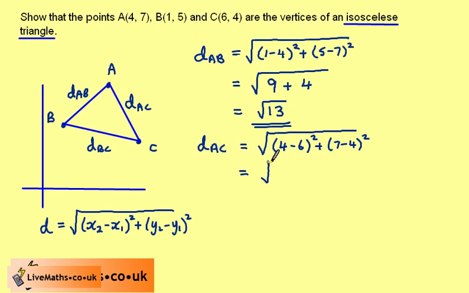So this is the square root of minus 2 squared, which is 4, add 3 squared, which is 9, so this is the square root of 13. Clearly DAC and DAB are equal, so two of the sides are equal, but we may go ahead to calculate the third side just in case the triangle is actually equilateral.